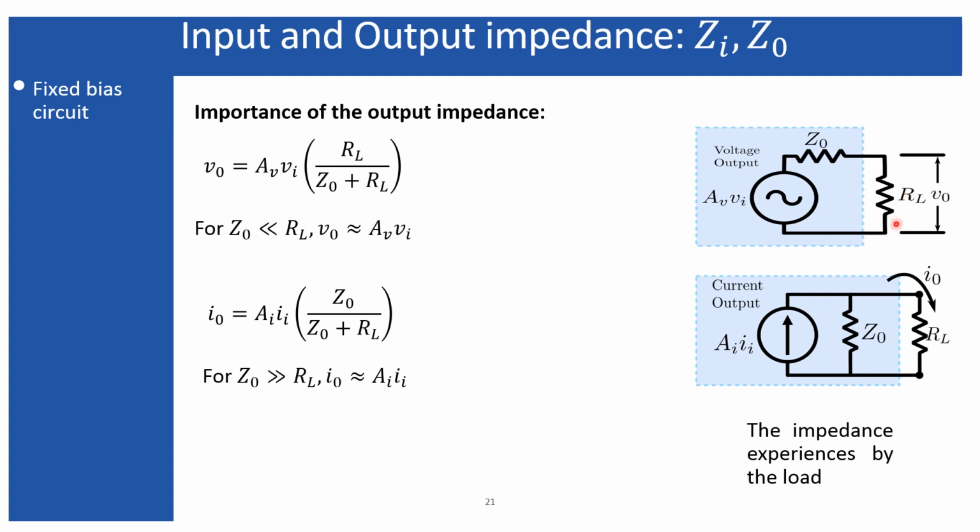So our purpose is to drive the load impedance by this amplified voltage, but since there exists an output impedance, some part of the amplified voltage will be lost by being dropped across its own impedance. So that will not be available across the RL. So for a voltage output, we have to follow this condition that Z naught must be very very greater than RL... Correction: Z naught must be very very less than RL.